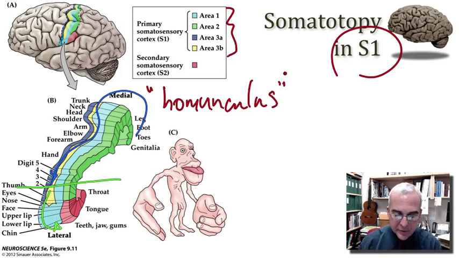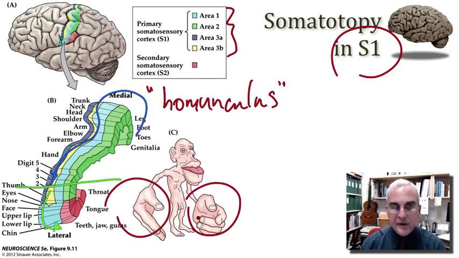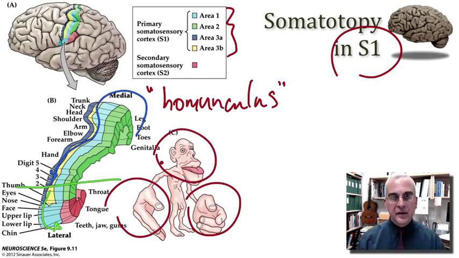And this is an illustration you've probably seen before. It's intended to communicate the idea that in the postcentral gyri, taking the two hemispheres together, we have a complete representation of the body, but that representation is distorted. Those body parts that provide us with the greatest spatial acuity and the greatest sensitivity to mechanosensory stimuli are hugely represented in the brain, and they're represented in these distinctive features of the postcentral gyrus.